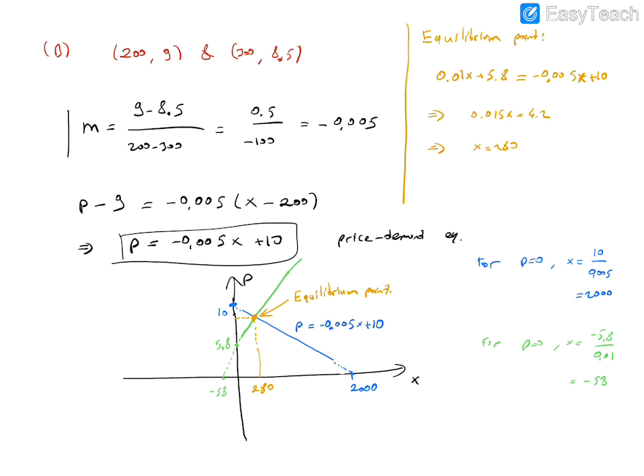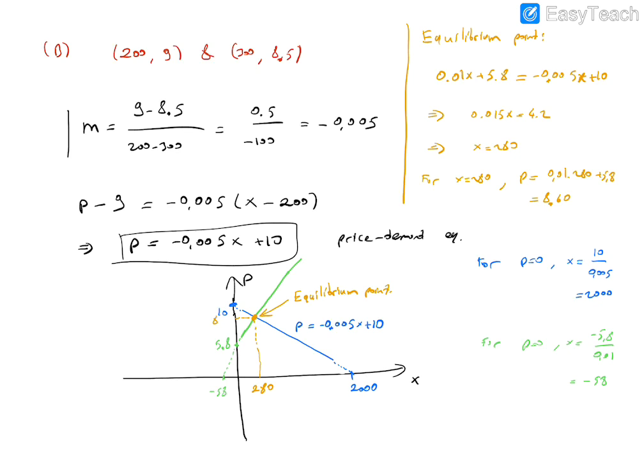For x equals 280, you can find the y value easily. From the price supply or price demand equation, it does not matter, you will find the same price. So price equals 0.01 times 280 plus 5.8, which will be 8.6. $8.60.